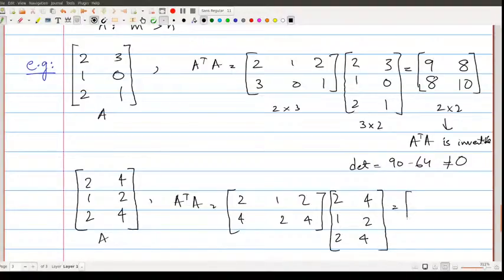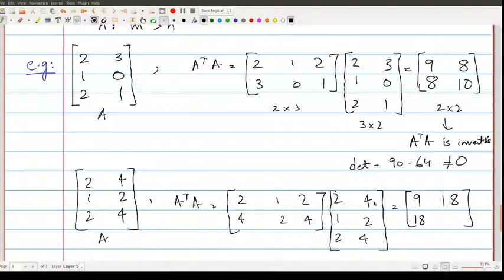So what do I get? This entry is going to be the same, which is 9, 2, 1, 2. Okay. And this entry is 8 plus 2 plus 8, which I think gives me 18, right? And this entry also gives me 18. And what about this entry?